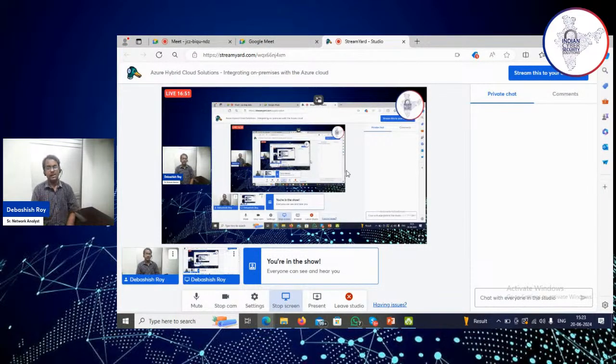And I hope that you have got a clear idea about Azure Hybrid Cloud Solutions, theoretically and also the practical approach of integrating the on-premise environment, your Windows Server environment, say Windows Server 2019, 2022, to migrate to cloud solutions. I hope you have got an immense insight about this topic and integrating the on-premise with the Azure cloud today.